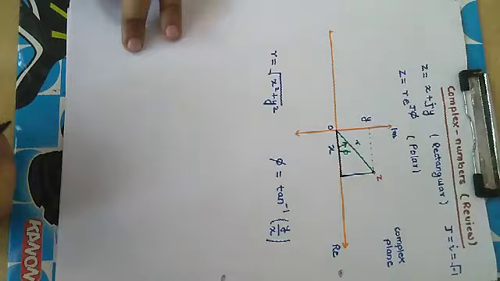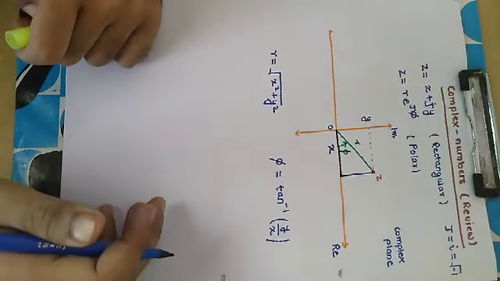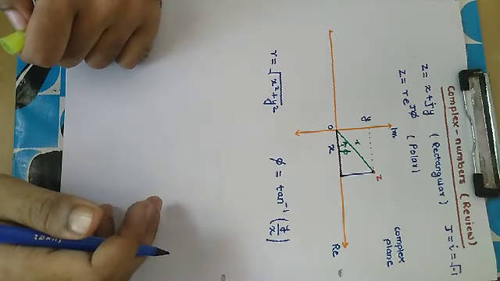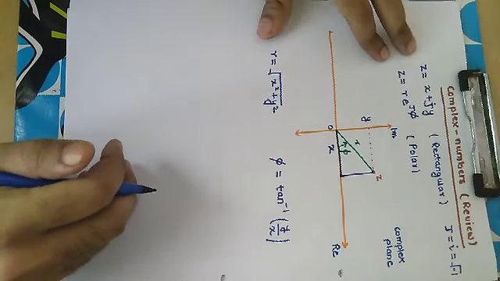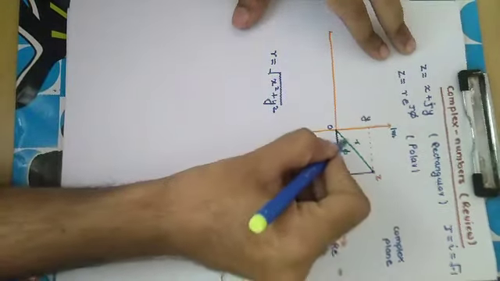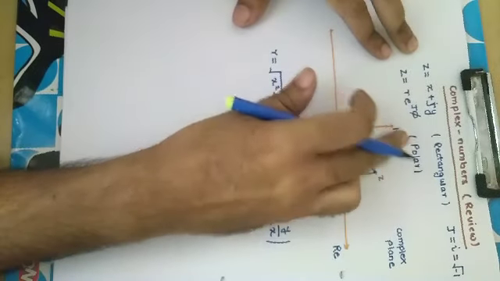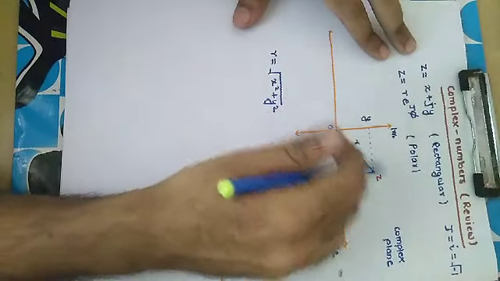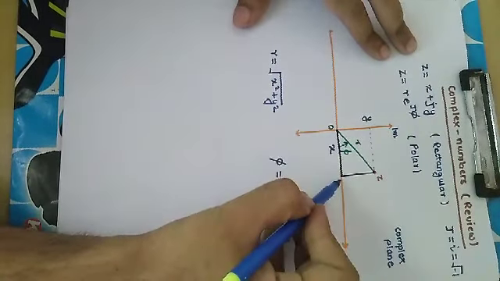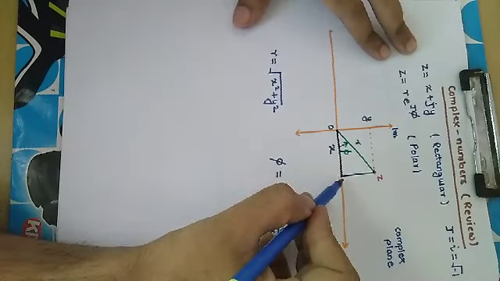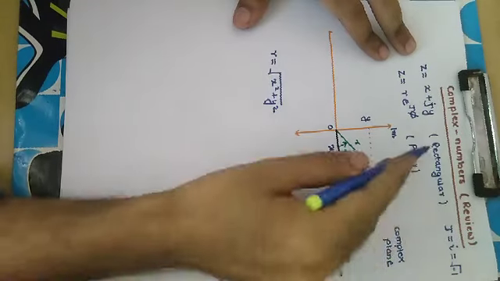You have already studied this in your 10th-12th course, but it is still necessary. Now, this notation, r e to the power j phi, this green method, is known as the polar method, and the method where you move x and then move y is known as the rectangular method.